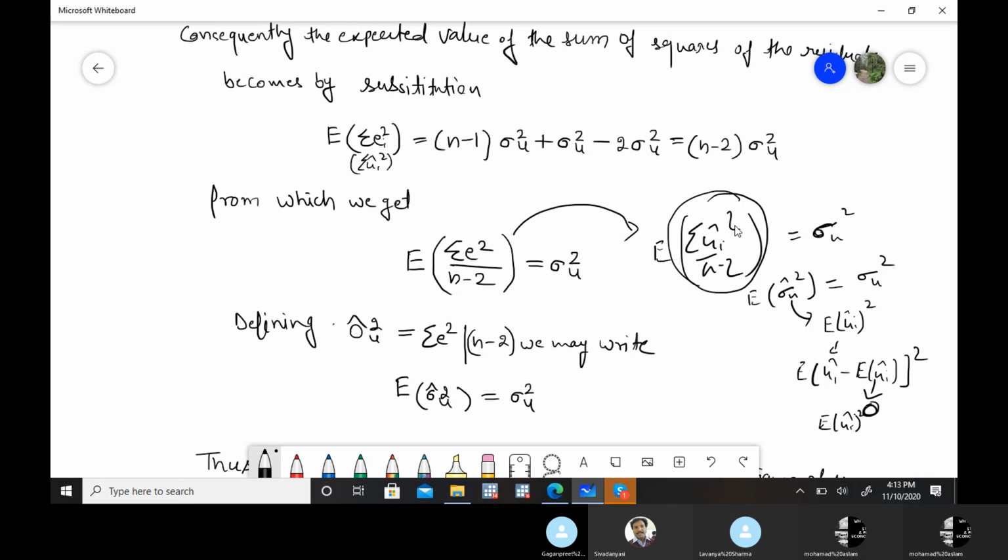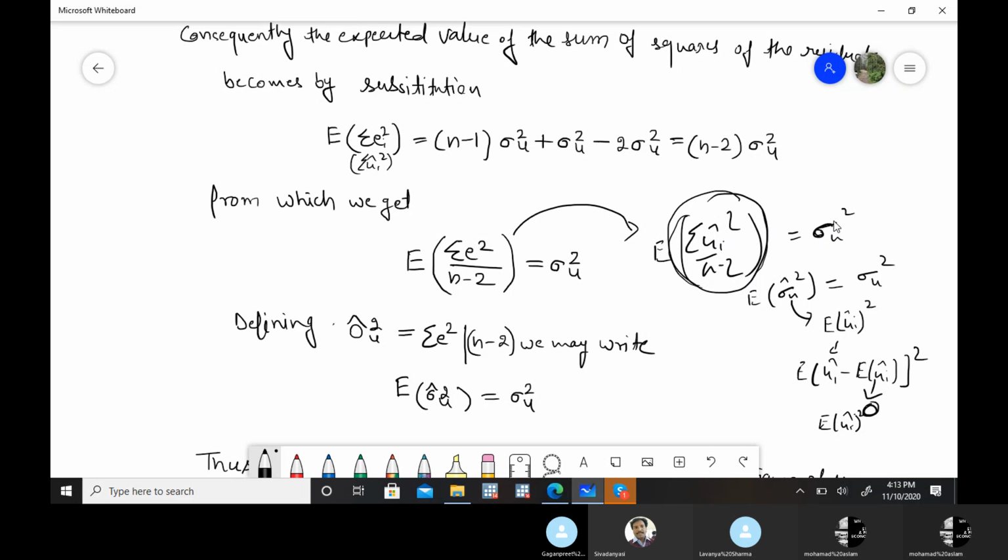That's why wherever we have this particular term in all the derivations, we have written sigma u square. So from where will this value come? From this particular value. If we have this value, we can use it in place of this value.